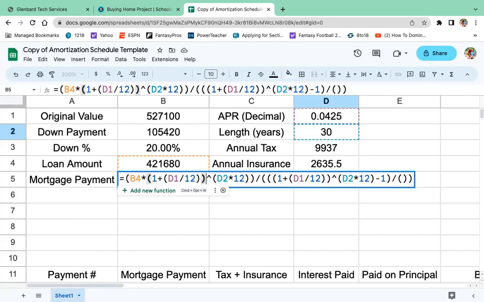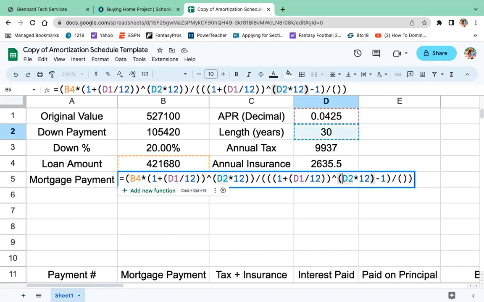You can sit closer if you need to. So this is all my numerator here. This is that inside part.